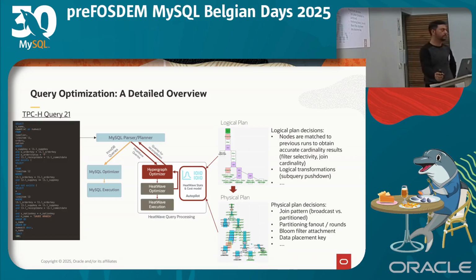So if you want to save query plans, it should be implemented in the MySQL optimizer first, so MySQL can say it's in InnoDB or it goes to HeatWave, and then in HeatWave find a way to find the saved plan also. It always goes to the MySQL optimizer, and depending on the cost, it decides to run the query on HeatWave because it's much faster.